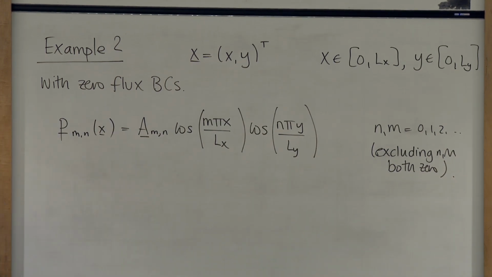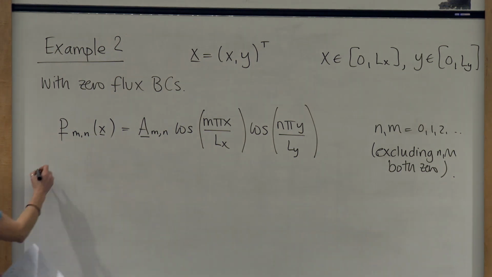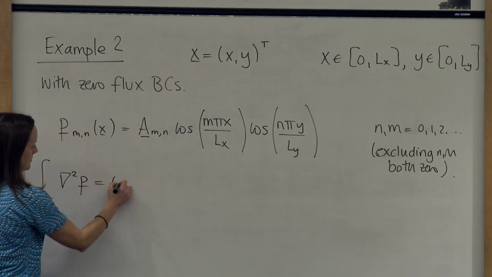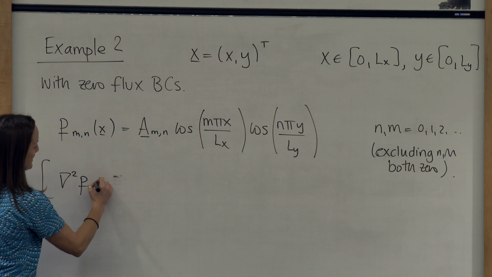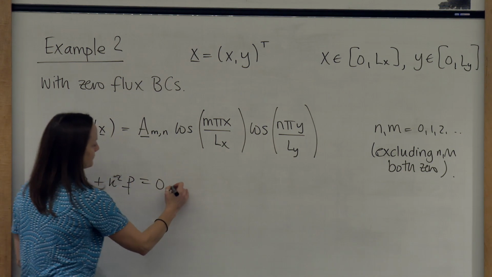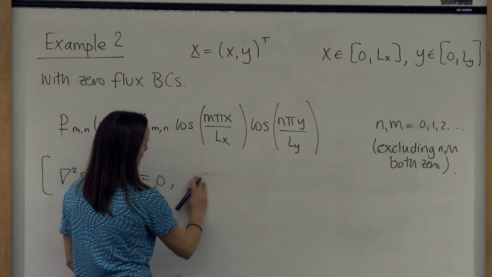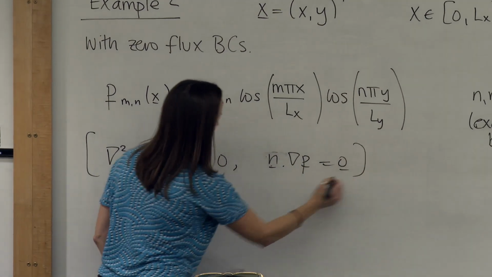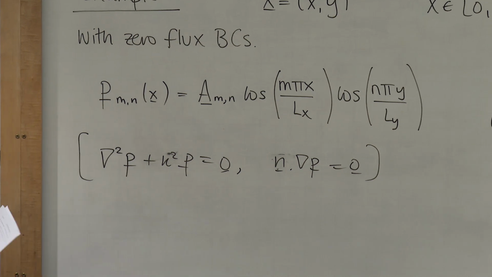You can work through that one, but effectively, again, we're just solving the same equation: Laplacian of p plus k squared p is equal to 0, with n dot grad p equals 0.